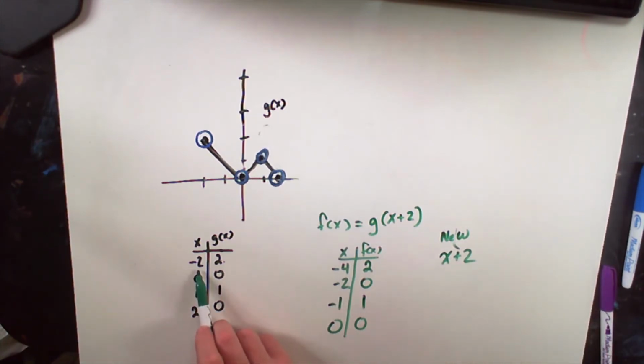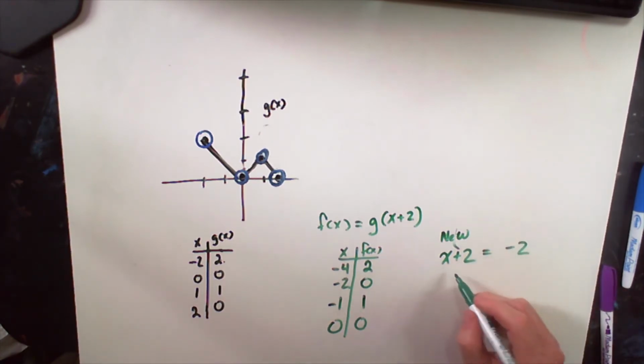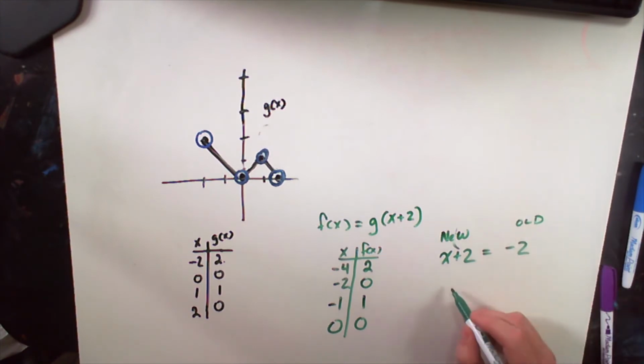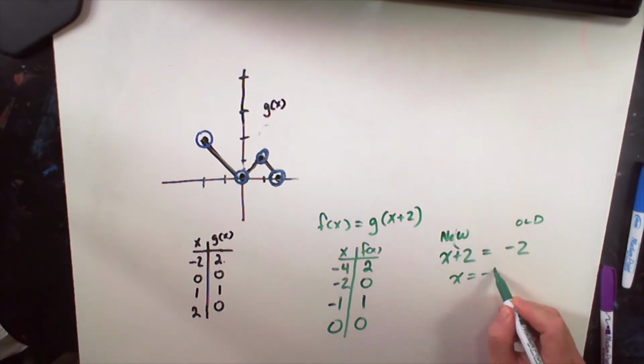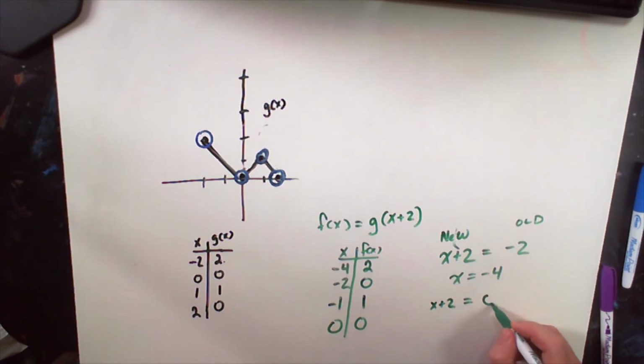How do I make that x plus 2 equal my old value? Well, that's going to happen when x equals negative 4. My new is x plus 2. My old value was 0.